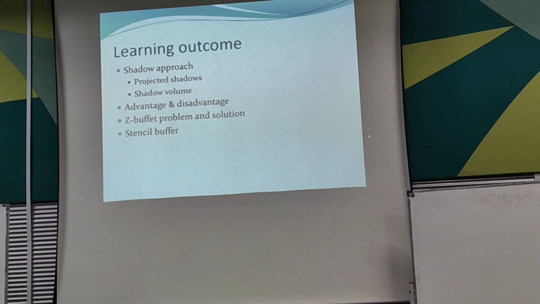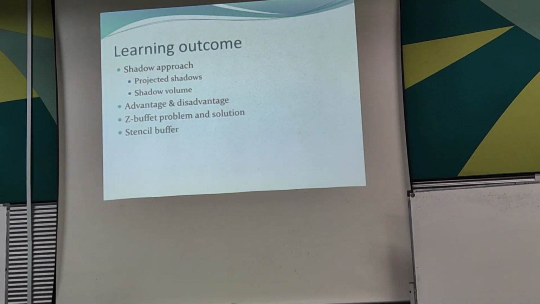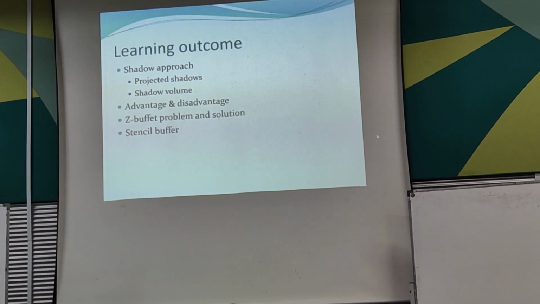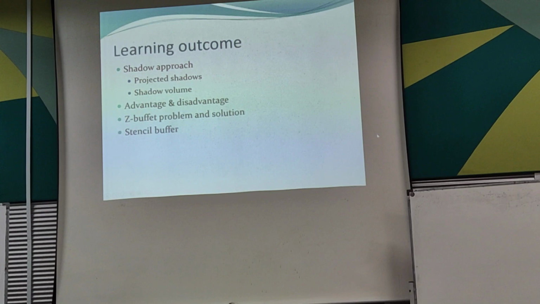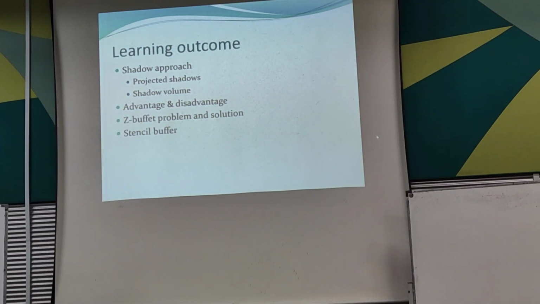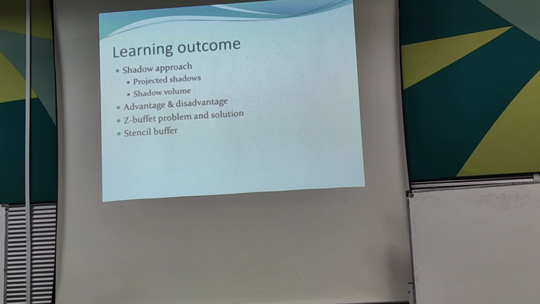The advantages and disadvantages of projected shadow. Projected shadow is good: fast, simple, easy. But the disadvantages are that it's not good on non-planar surfaces, curved surfaces are not good, and the shadow is unrealistic. Then the two problems of projected shadow you must know are the Z buffer problem and the stencil buffer problem, and how to solve them.